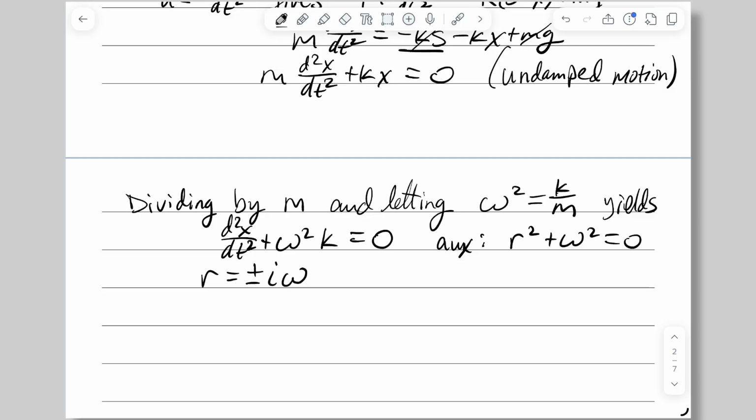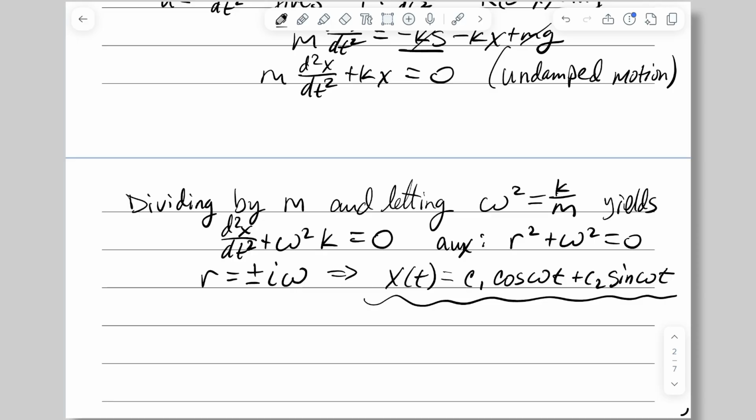That's why we let it be omega squared. That's going to give us the equation of motion, which is what we were after, of c1 cosine of omega t plus c2 times the sine of omega t. That's the solution for every undamped spring system's differential equation, provided there's no forcing function. This is homogeneous.